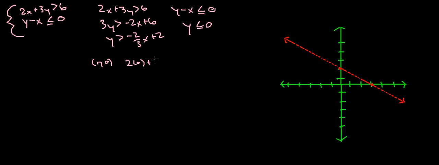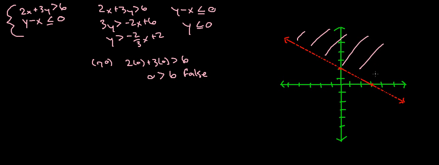Two times 0 plus 3 times 0 is greater than 6. 0 is greater than 6, which is false. That means the region with 0, 0 is not true, and this top region is. So that is what the graph of 2x plus 3y is greater than 6 looks like.